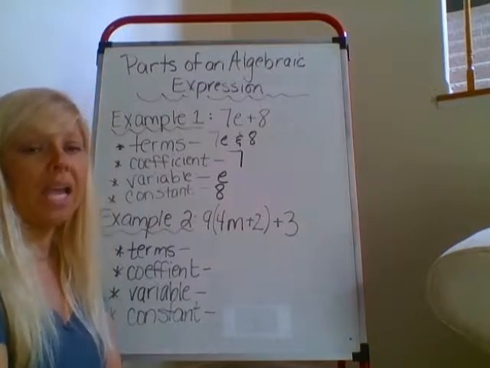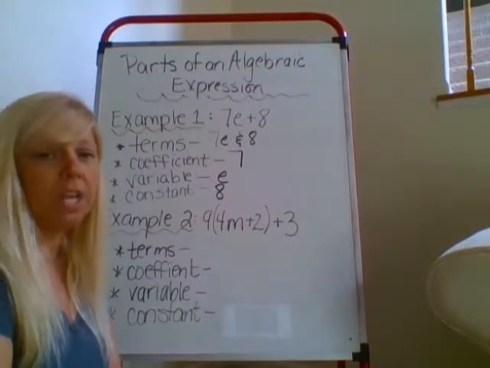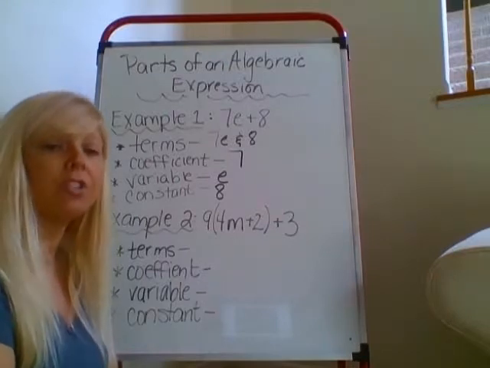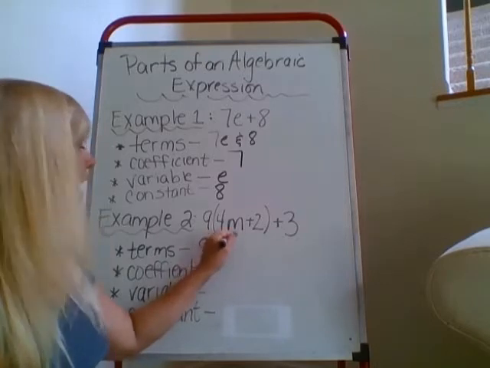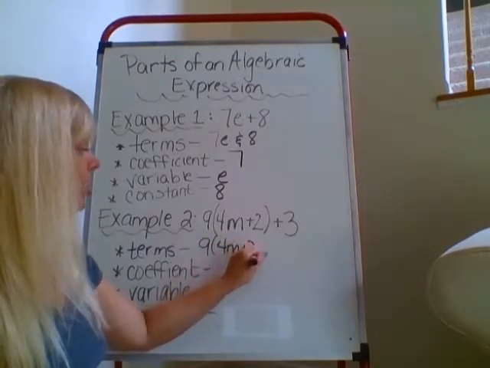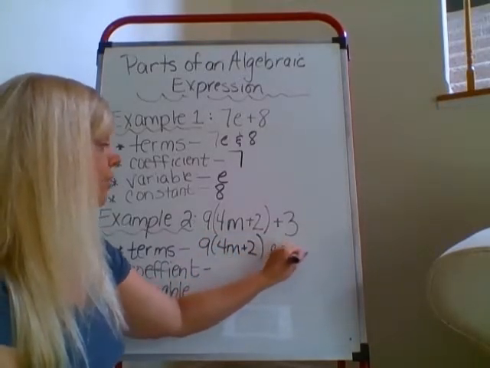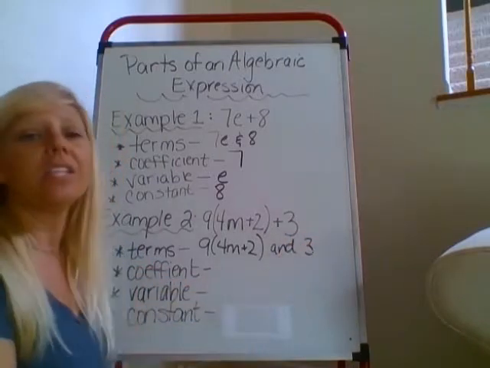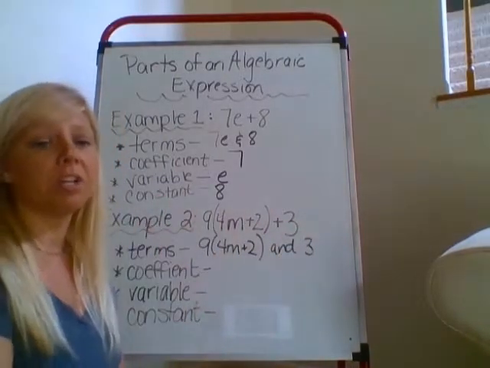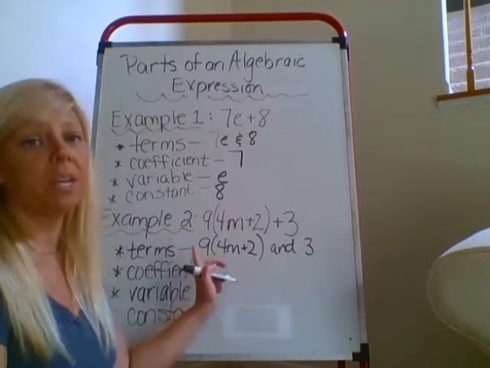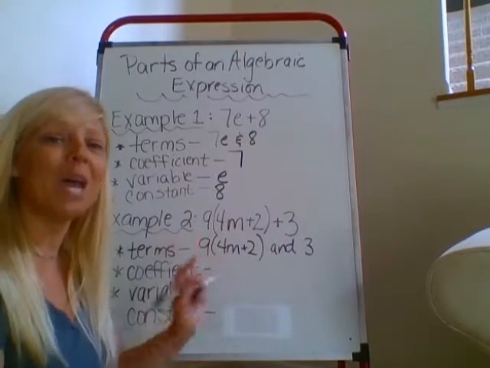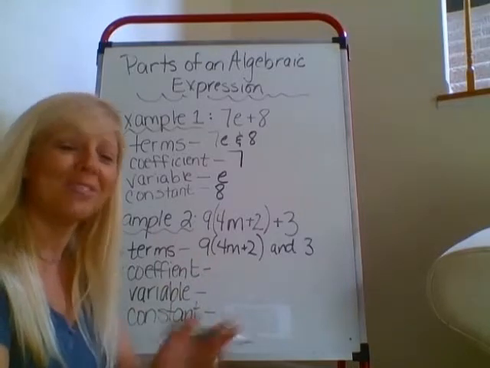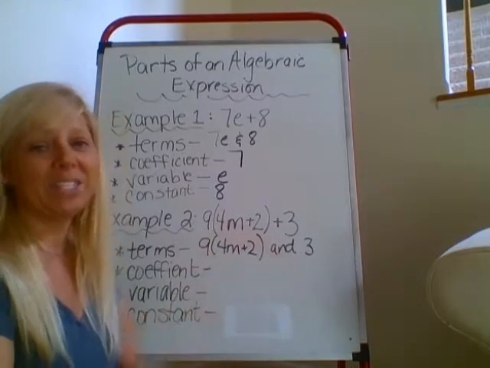Example 2, I have 2 terms, but I'm going to talk about these parentheses here in a second. I have 9 times 4m plus 2, and 3. Okay, so this whole algebraic expression, I have 2 terms: 9 times 4m plus 2, and 3.